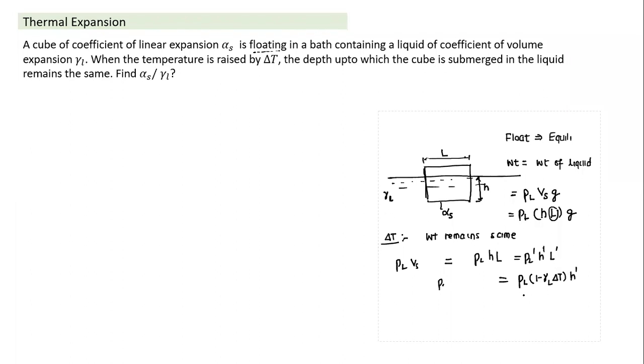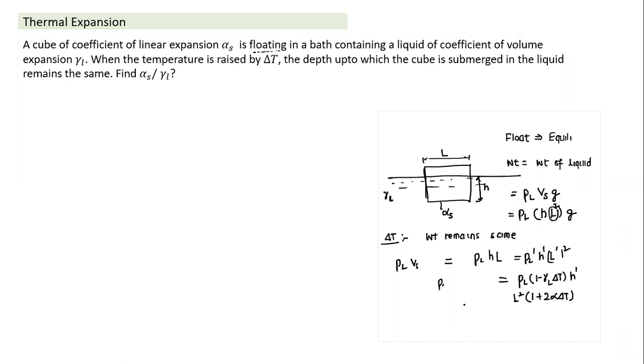And what will L dash square be equal to? Sorry, I think L square here, my bad, so this will be L dash square. L dash square will be equal to L square into 1 plus 2 alpha delta theta.